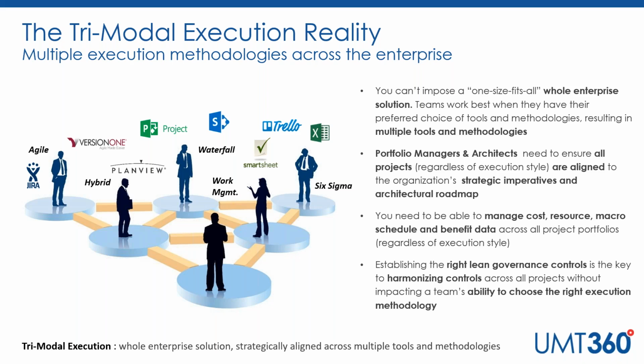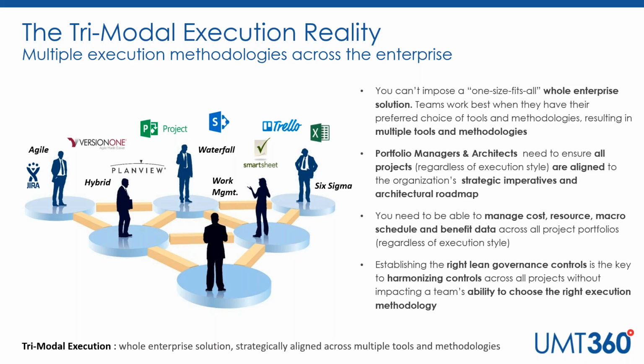We want to be able to harmonize across any form of working, because the reality is, and why we call it the trimodal reality, any major enterprise we work with, when you look across the different functions of a business, they may all be executing in a slightly different way, agile, waterfall, and everything in between. And that is the right way. I mean, even Gartner has separated the need for strategic portfolio management processes and tools from project execution tools, because we need the ability to harmonize and control the value we're receiving from work, regardless of how it's transacted.